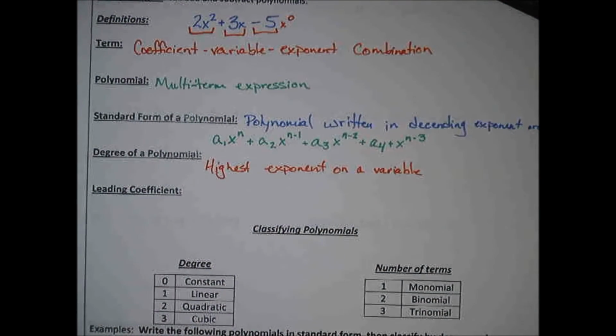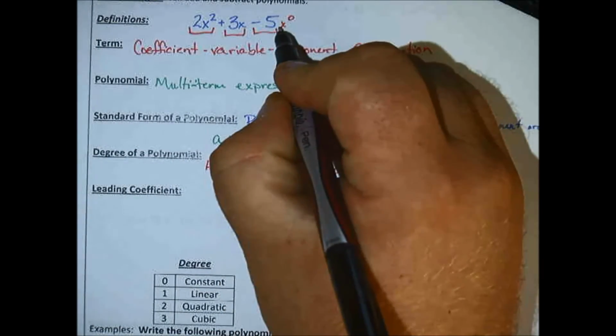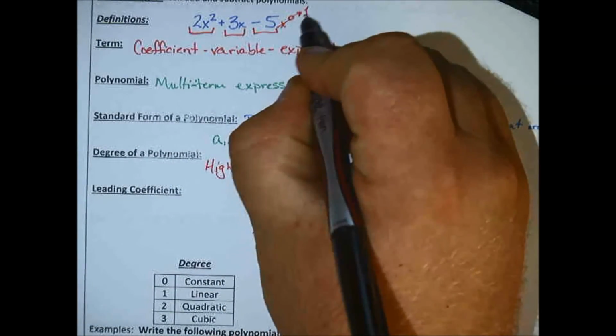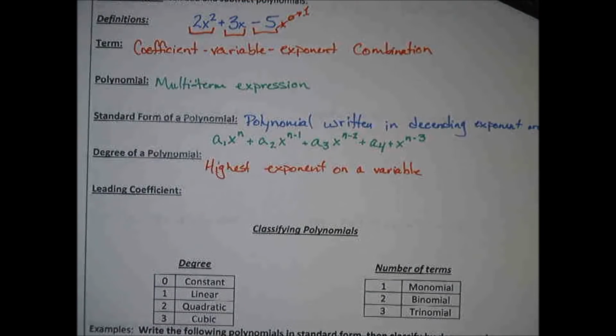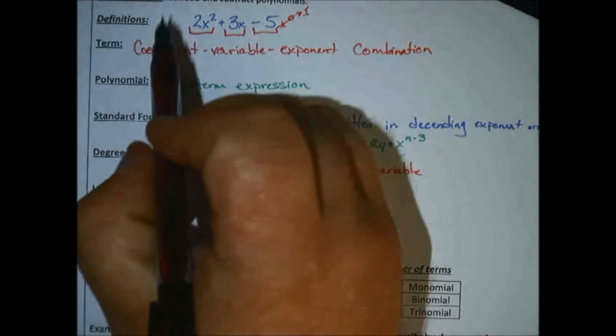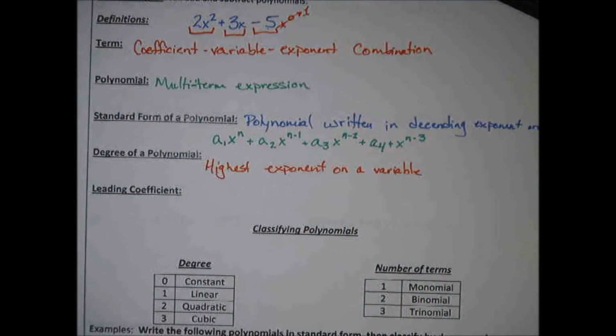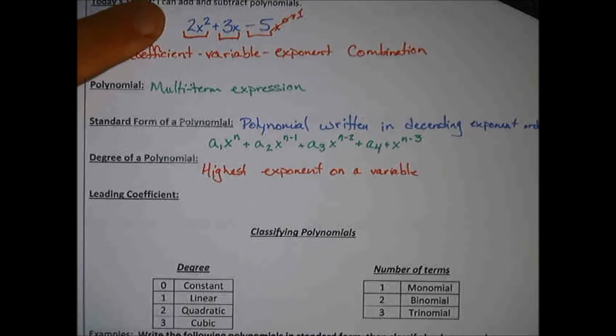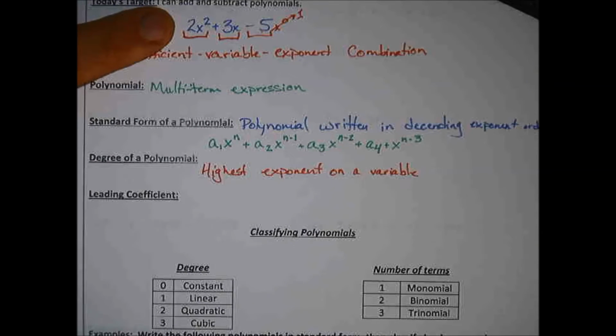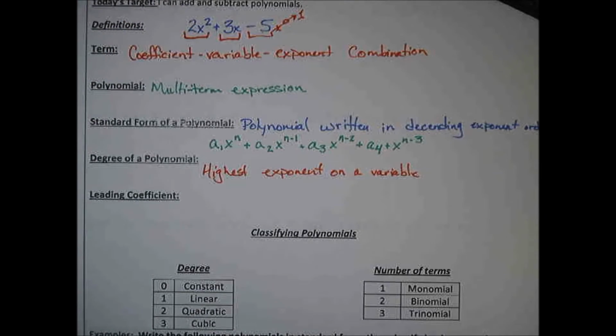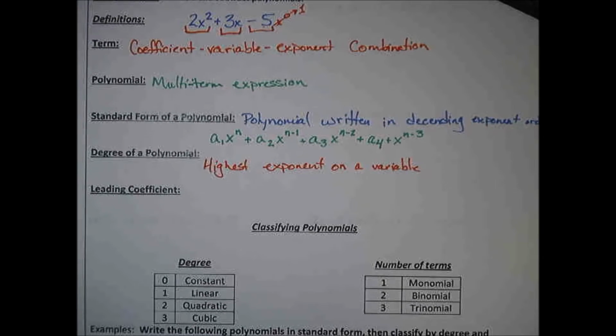Any constant, you can still put a variable on there, but raising it to the 0 power makes that just go away straight to 1. Okay, and that's kind of how it's written, but again, that's a very ugly way to write it. So we just write it without the x to the 0 on the end. So the degree of this one up here would be 2 because the highest power is 2. So that's going to be something that we're looking for, and it's something that's fairly easy to find if you ask me.